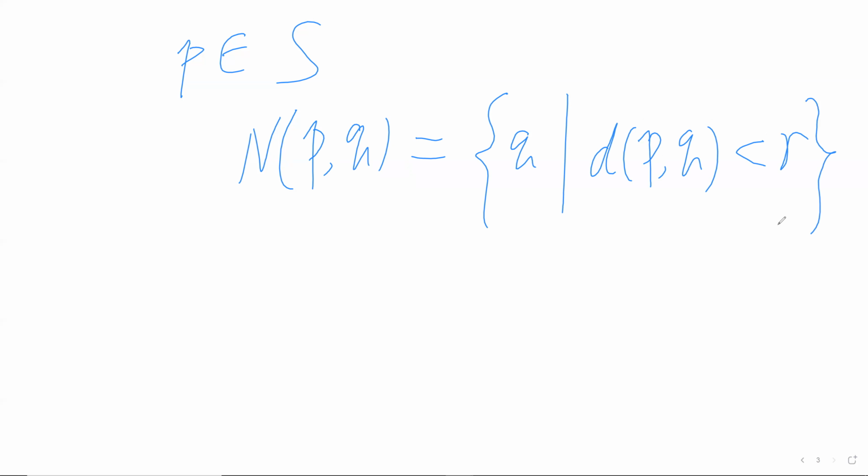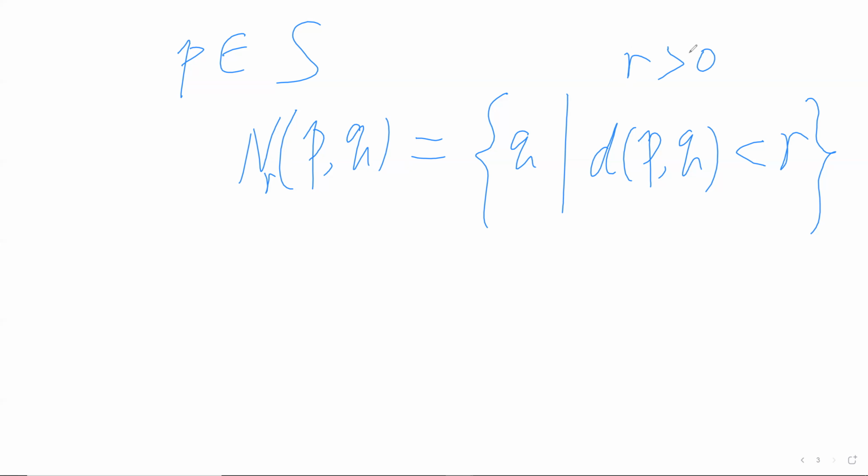Suppose the neighborhood has a radius of r, and r is a positive real number. That is the neighborhood of P.